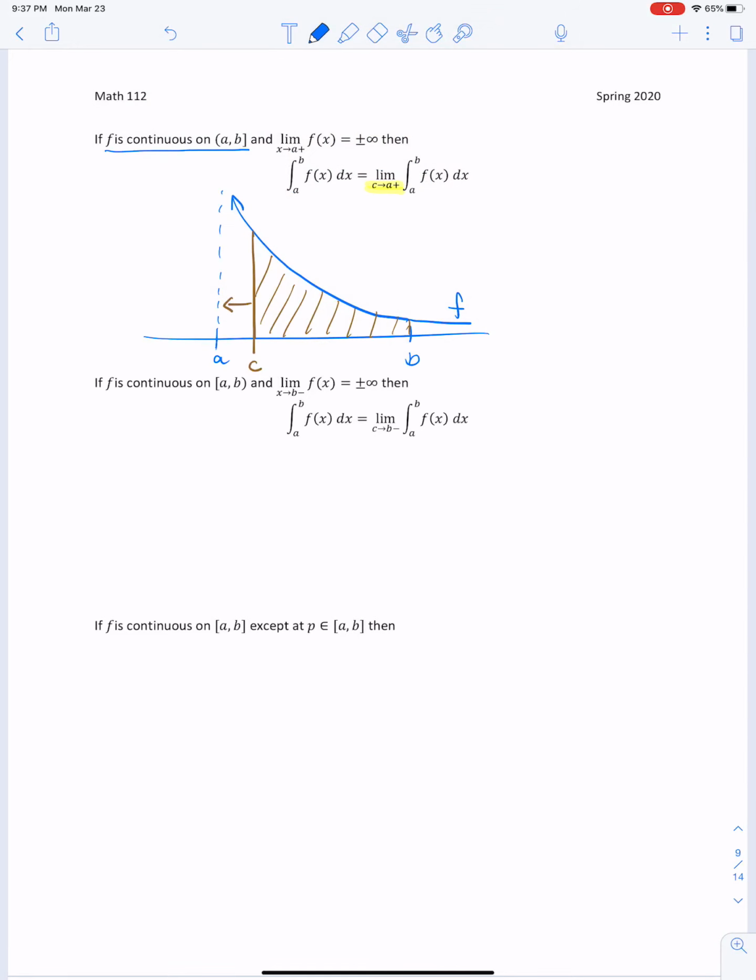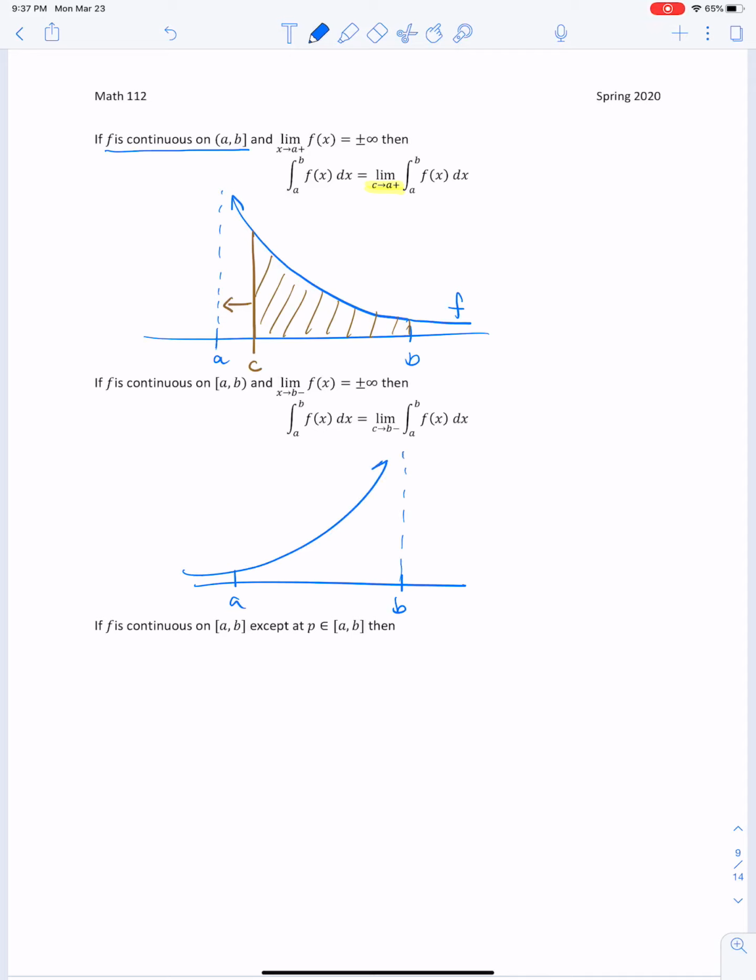Let me quickly draw the other case. You could fill this in on your own, so I'm not going to say a whole lot here. We've got a to b, and in this case you have the vertical asymptote at b.